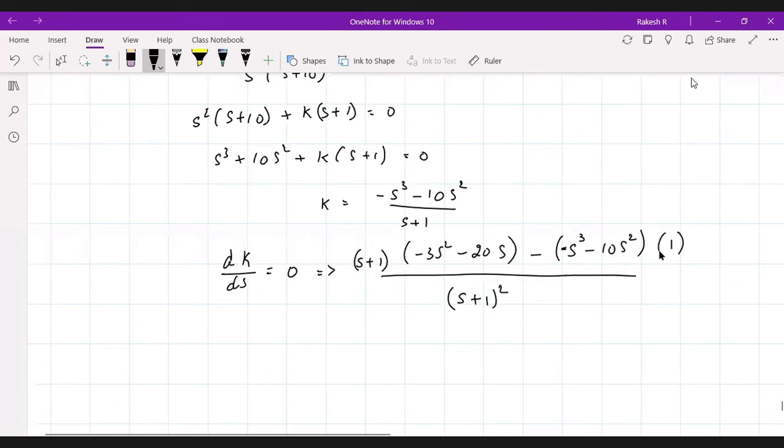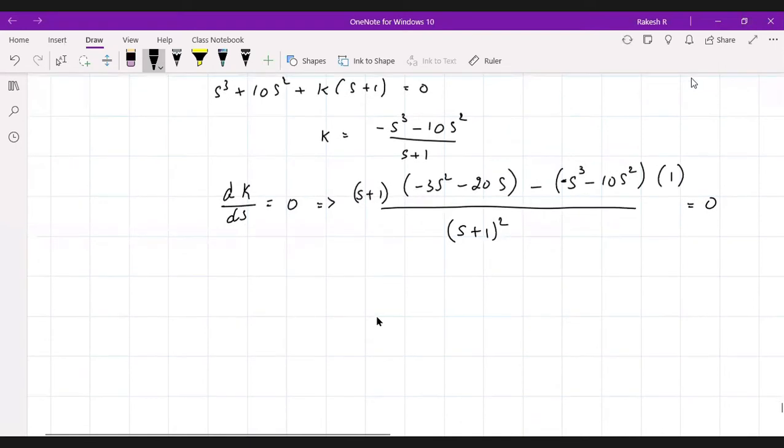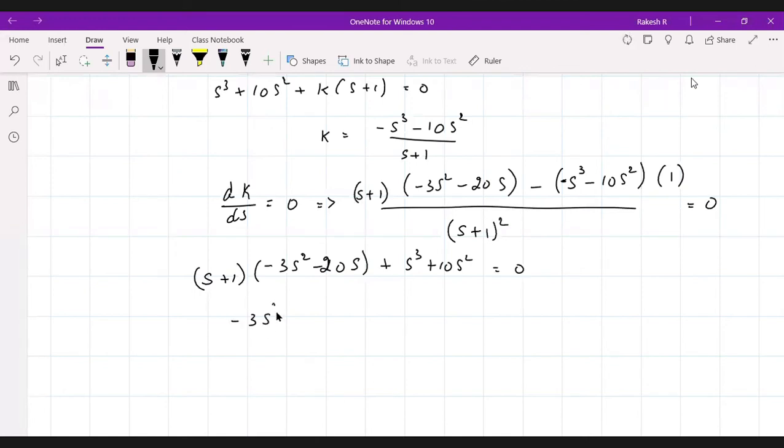We are left with (s plus 1) into (minus 3s square minus 20s), minus of minus becomes plus s cube plus 10s square, equals 0. Multiplying: minus 3s cube minus 20s square minus 3s square minus 20s plus s cube plus 10s square equals 0.